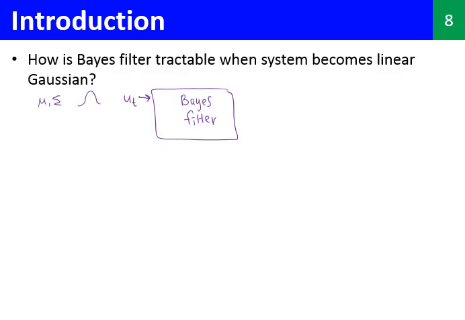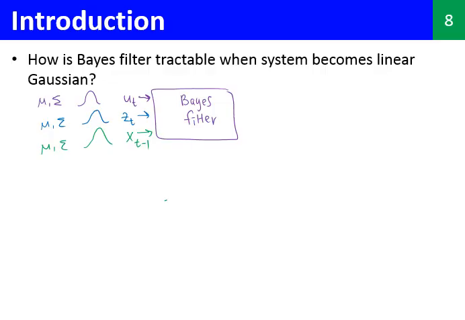Then we have the measurement, it is also governed by a Gaussian distribution, so it also has a different mu and a sigma. And finally we have our previous state x_t minus 1, and that is also according to a Gaussian distribution, which has the parameters mu and sigma.